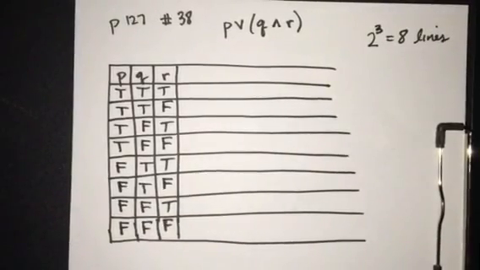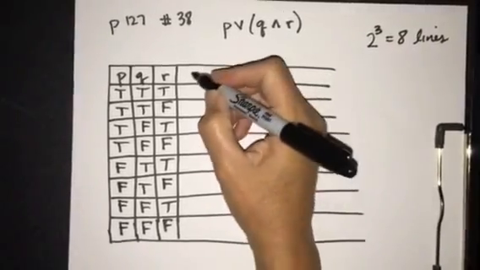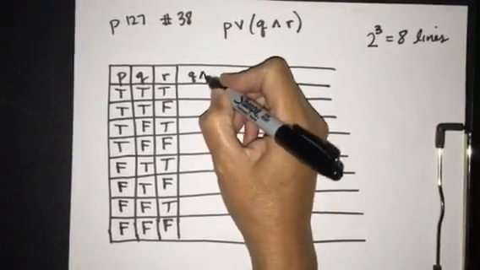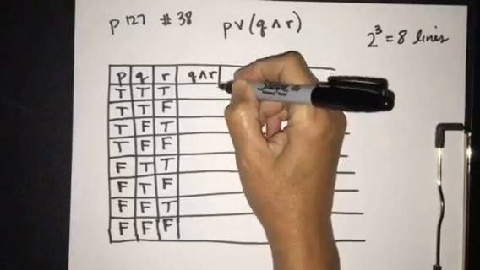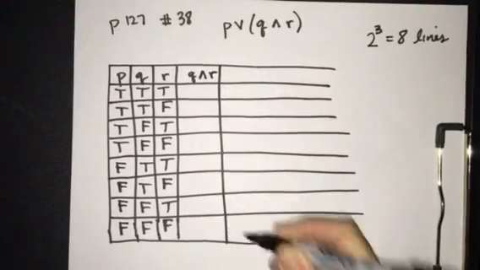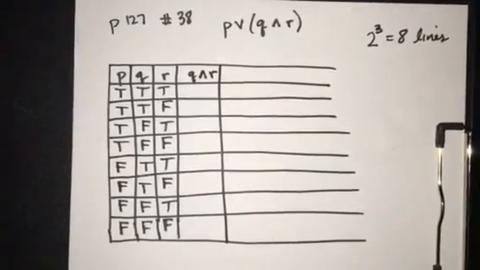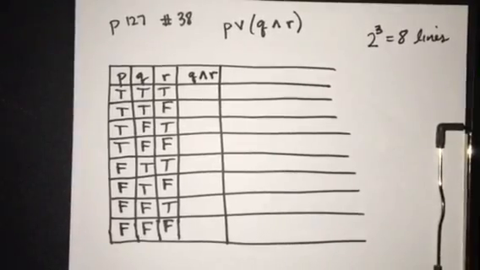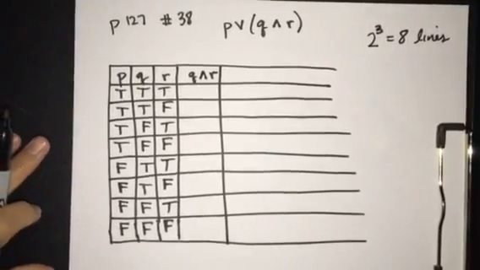From here, I'm going to build the statement that they've given me. In parentheses, I have Q and R. So that'll be my next column. And what I did in class is I did number my columns. So I could number them here.